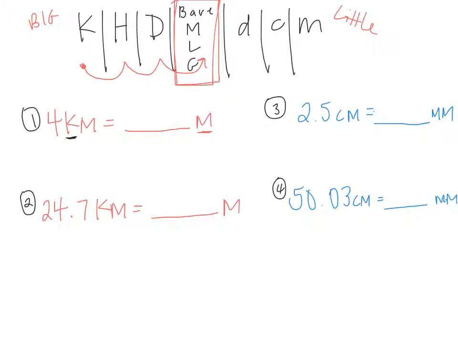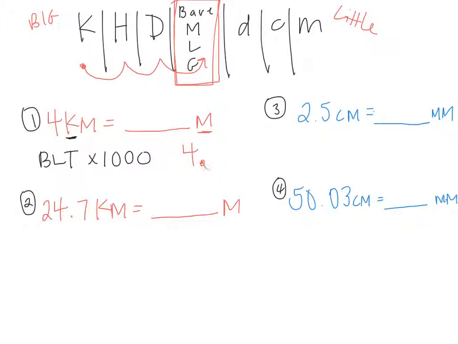And since I was going from a big unit to a little unit, this is BLT. And I moved 3 times, so I know I was multiplying by 10, 100, 1,000. And in order to do this, I can multiply by 1,000, or I can write 4. And I know the decimal in 4 is right behind it. And I'm going to copy what the chart did.